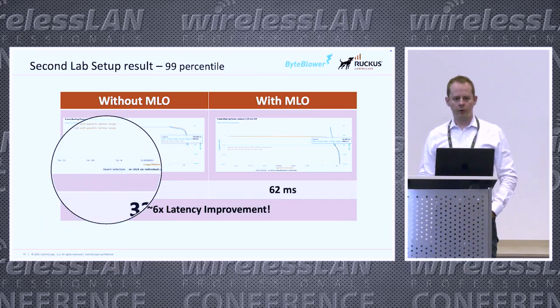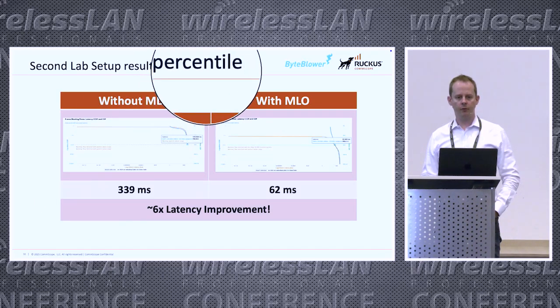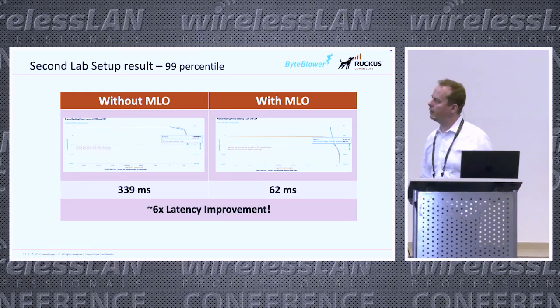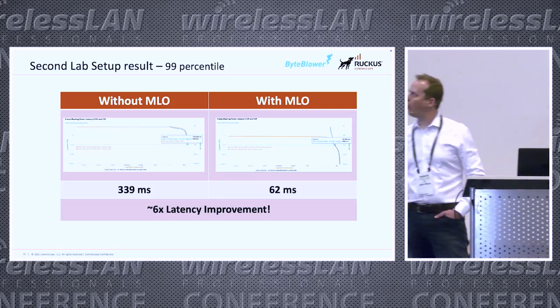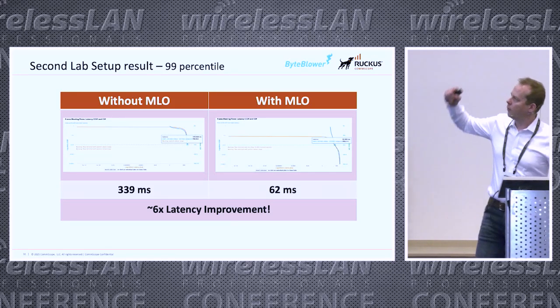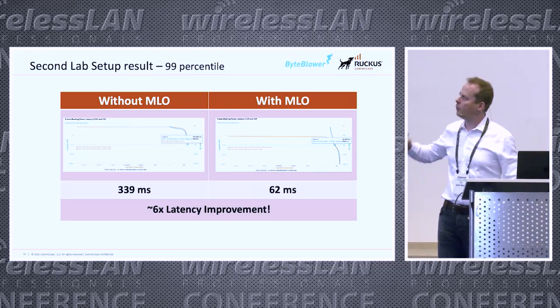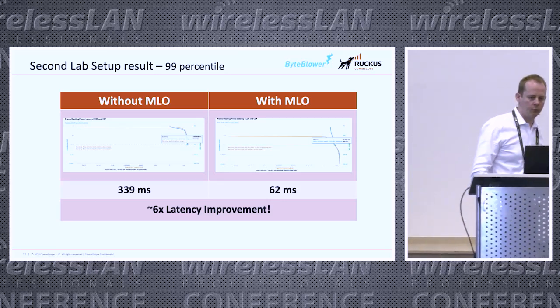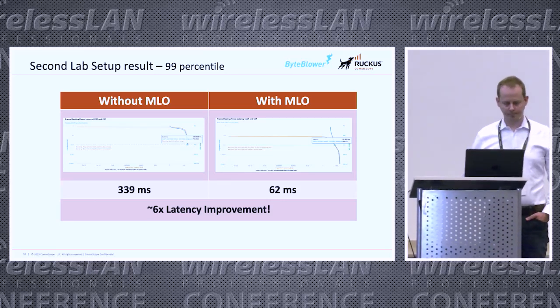Just one word about this 99th percentile. The measurement we are doing here is not the average. Basically, we take the first 99% of the traffic, and we can say that the latency is not above this number of milliseconds for the first 99%. That's what we are measuring here.